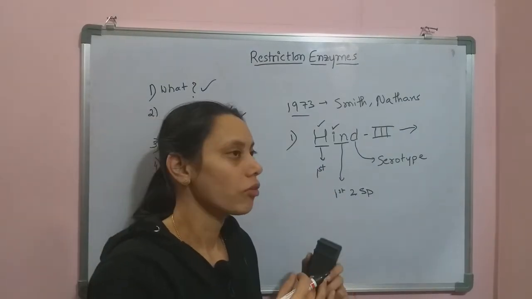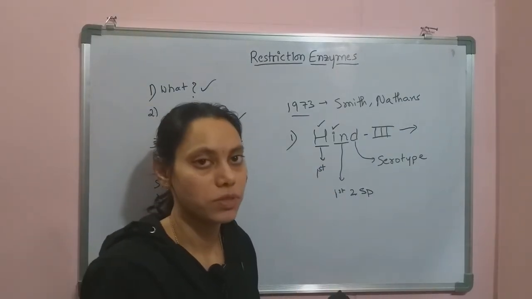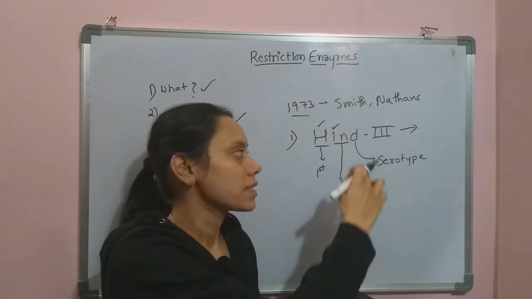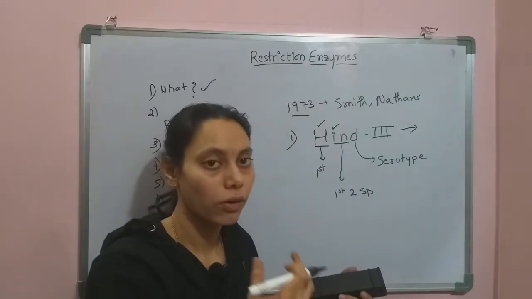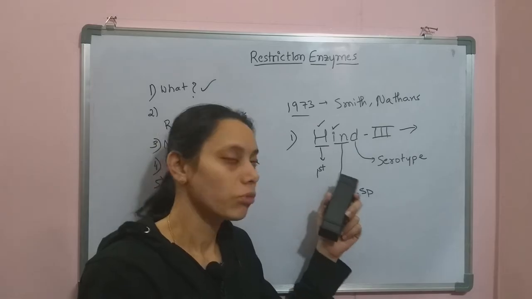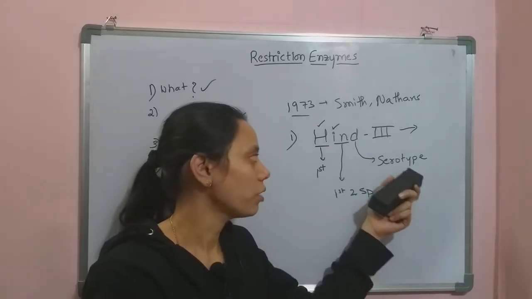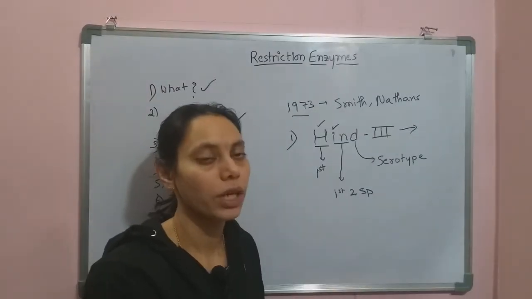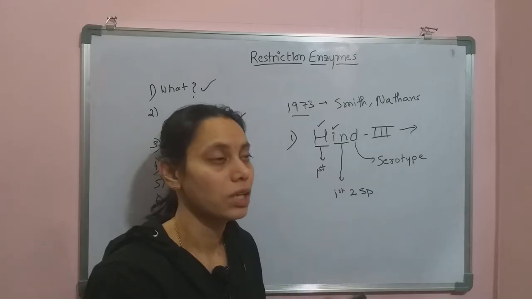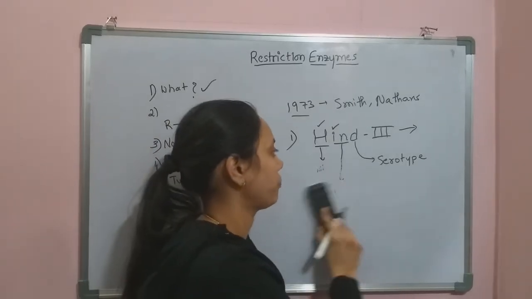That means there might be three enzymes, and this is the third enzyme identified in Haemophilus influenzae serotype D. That is how we give names to the restriction enzymes.